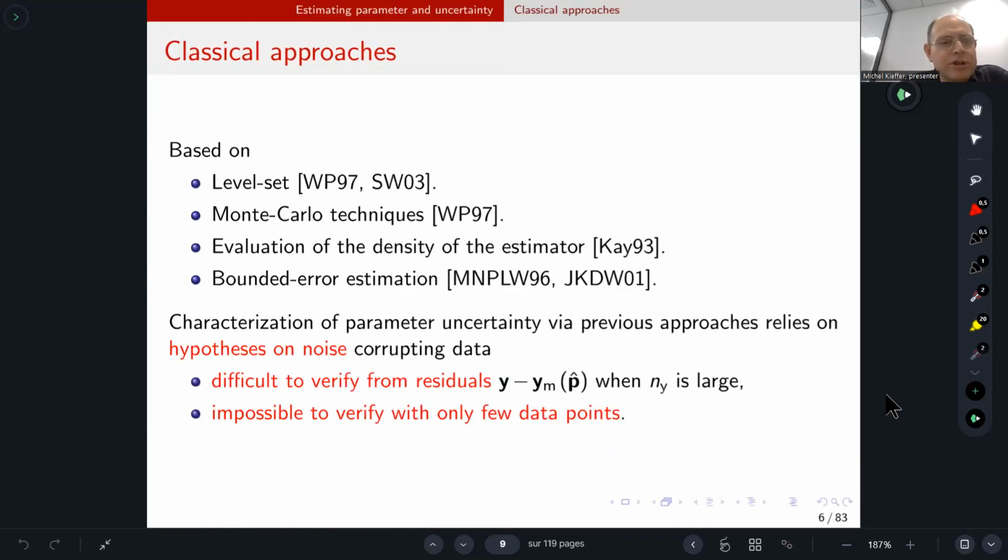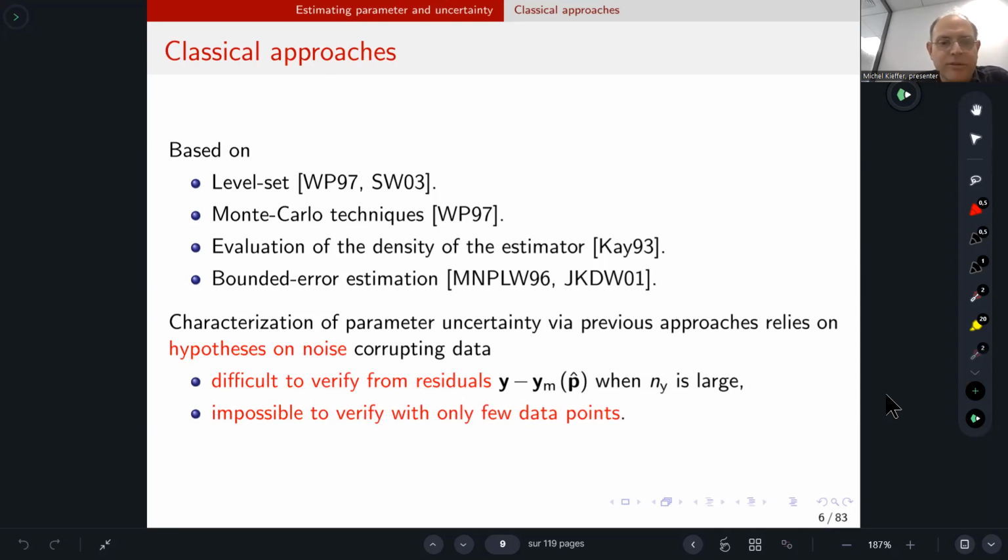But one of the shortcomings of all these approaches is that most of them, if not all of them, try to characterize the uncertainty but rely on hypotheses on the noise which is corrupting the data. And you have to make these assumptions a priori.